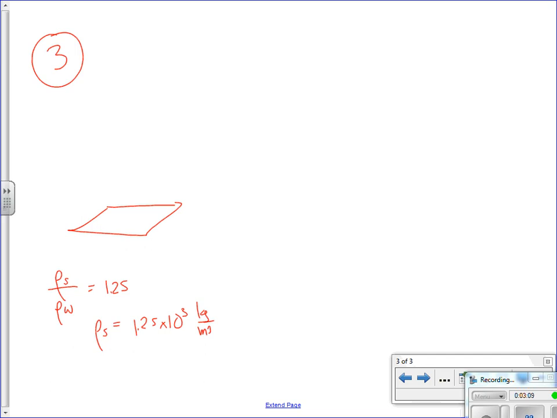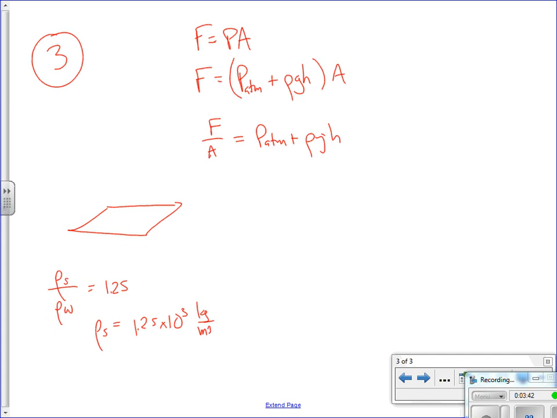We know that force is pressure times area, right? It says it feels a force due to total pressure. That means P atmospheric plus rho GH times A. We know all these things except for how deep the lake is, H. So F over A is P atmospheric plus rho GH.